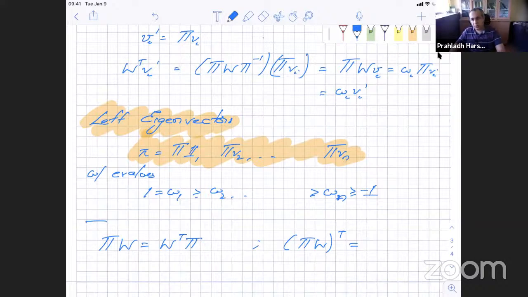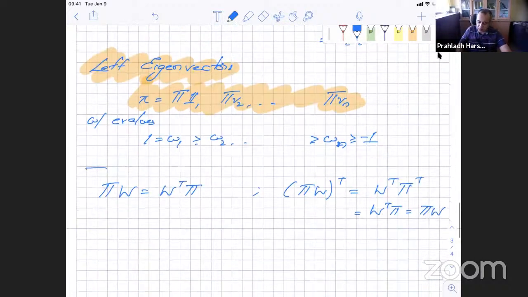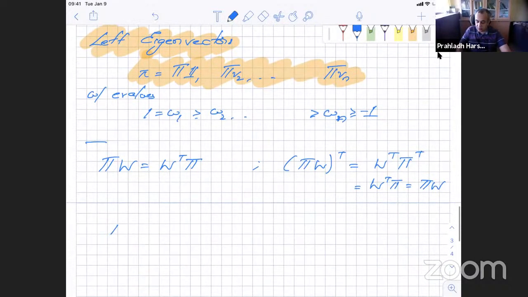By definition, the transpose of a product is the product of transposes. But pi is a diagonal matrix. Therefore, this is just W transpose pi, and this we know as pi W. Therefore, pi W is a symmetric matrix.